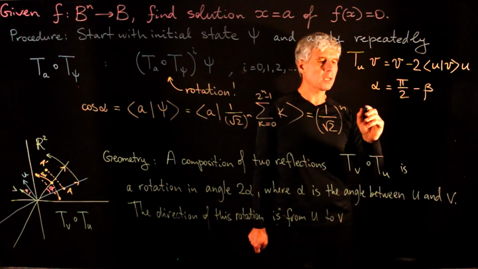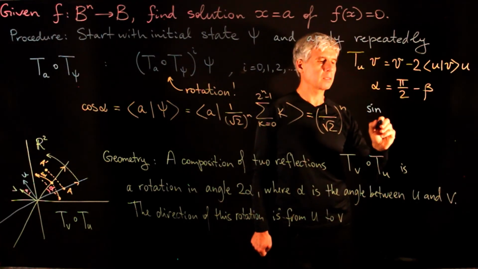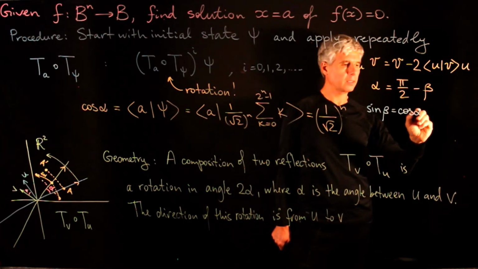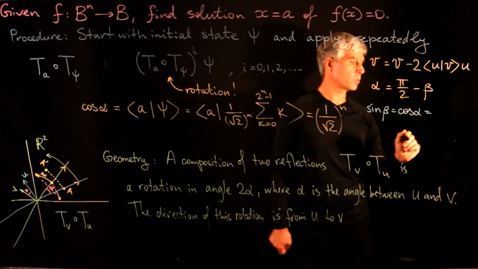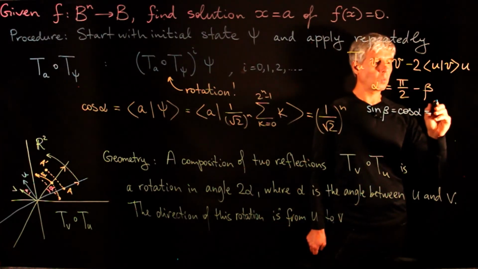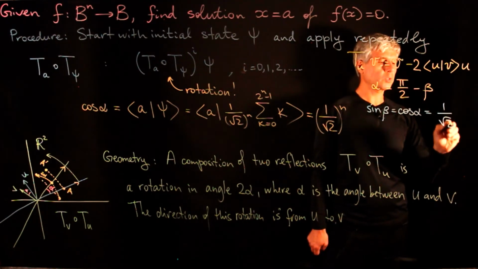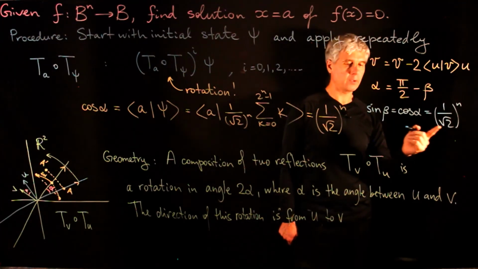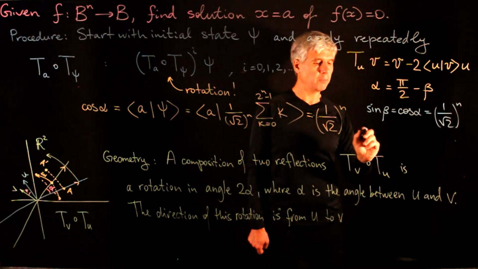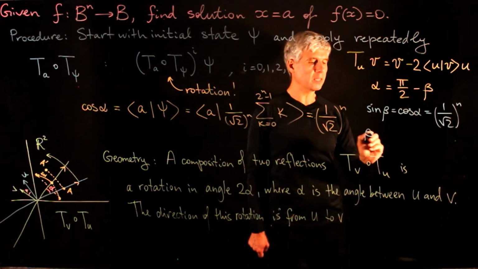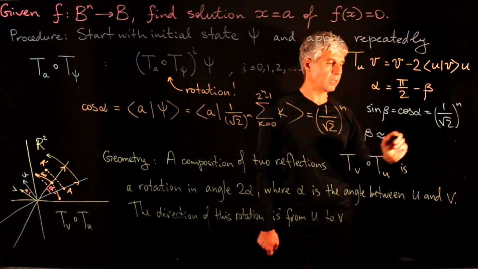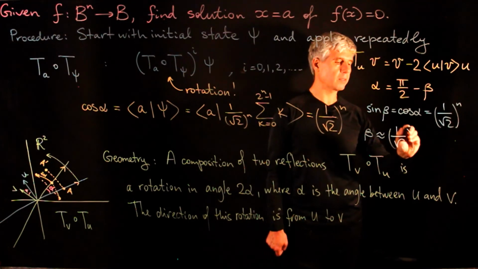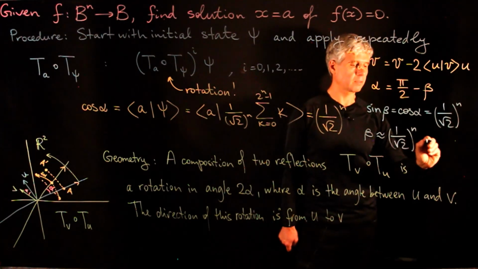From trigonometry, we know that sine beta is equal to cos alpha, which is equal to 1 over the square root of 2 to the power n. This means that sine beta is a small value. And then calculus tells us that beta is approximately equal to 1 over the square root of 2 to the power n, in radians.